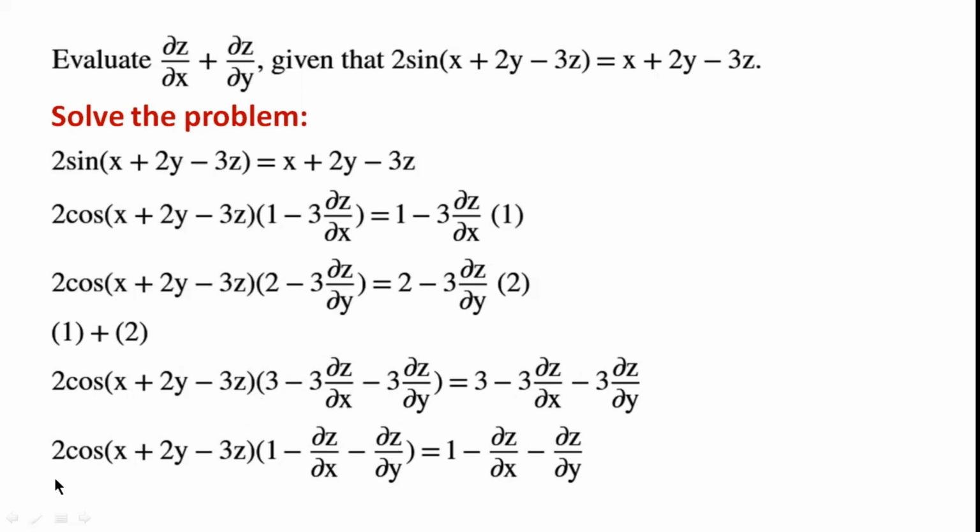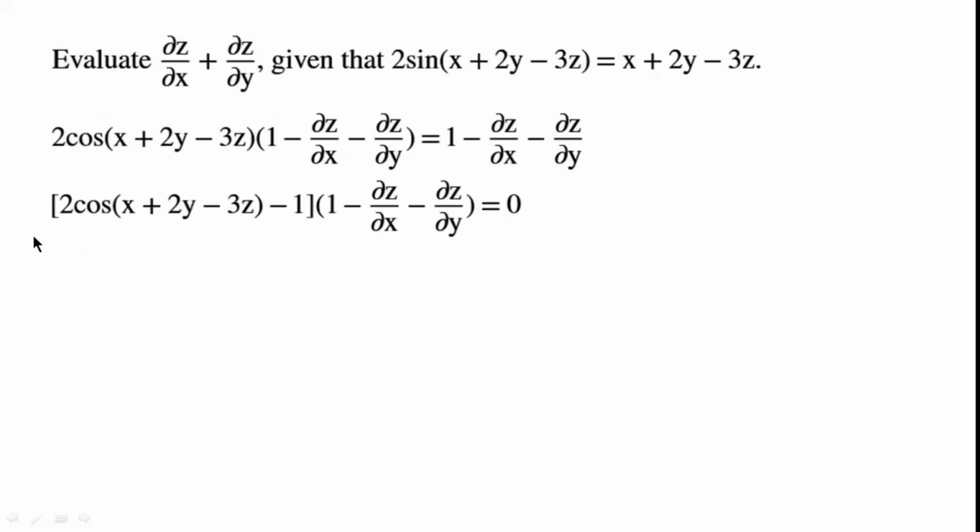So we can now write 2 cos(x + 2y − 3z) times (1 − ∂z/∂x − ∂z/∂y) equals 1 − ∂z/∂x − ∂z/∂y.